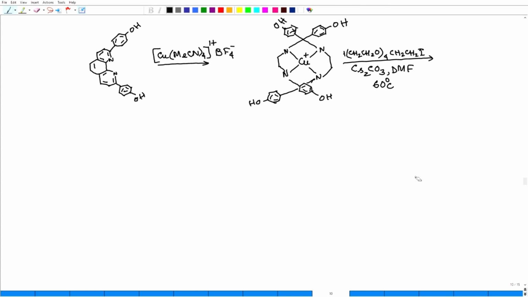Once we get this, this one is now 2, this is not 4, but this is 2, this is 2, and then CH2CH2, and this is not I, but it is a bromo compound.